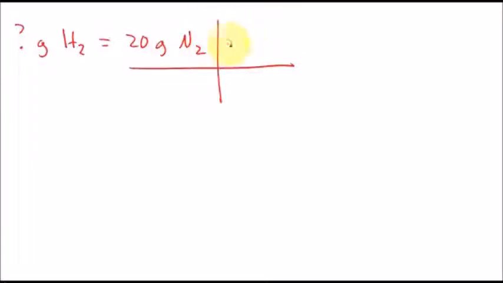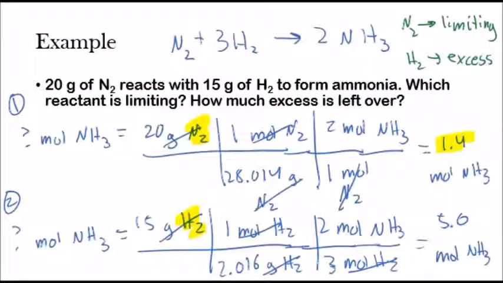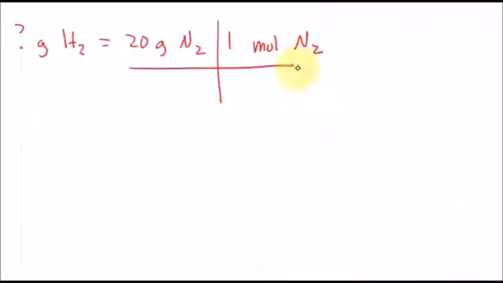So what we're asking is how many grams of H2 will be used up by the reaction of 20 grams of N2. First convert to moles. 1 mole of N2 has a mass of, we determined that here, 28.014 grams.